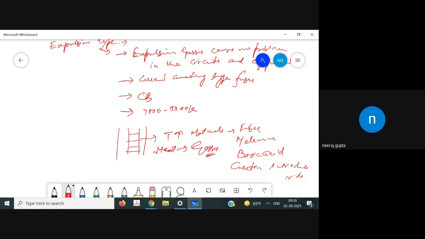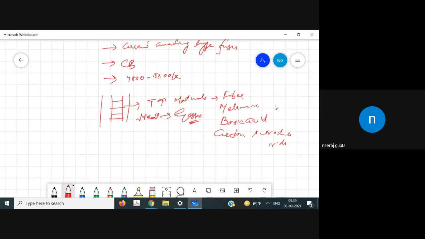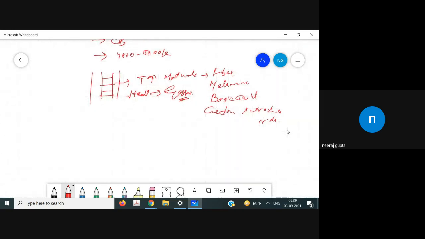What do these gases do? The gases produced near the fuse create a high pressure turbulent medium surrounding the arc.